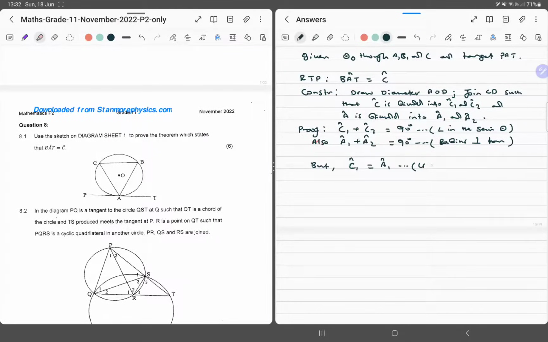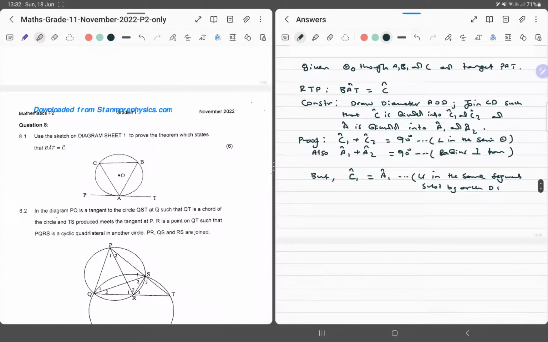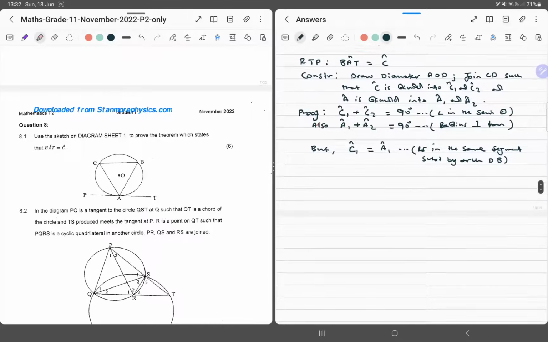These are angles in the same segment subtended by arc DB or BD. Whatever. So you want to be very clear about where to. Don't want to take too many shortcuts.